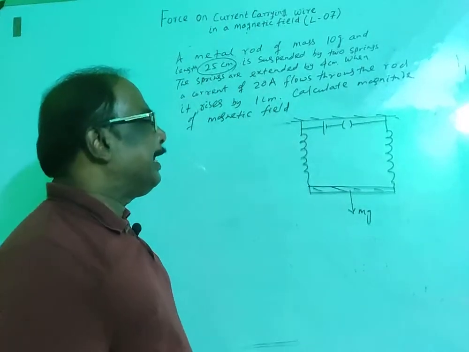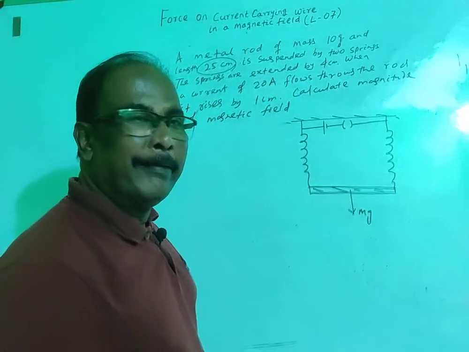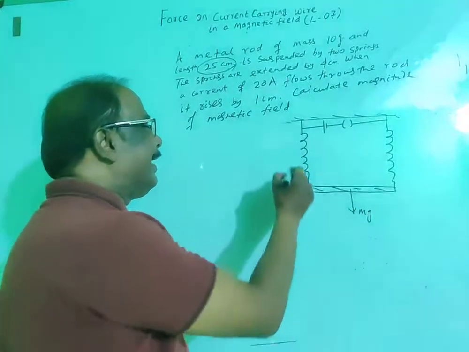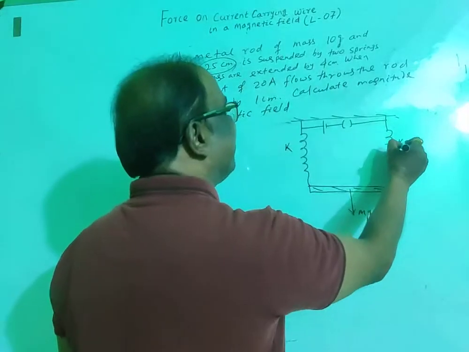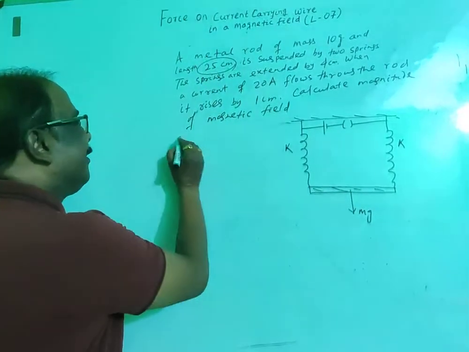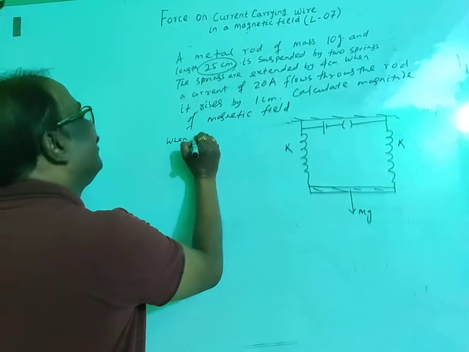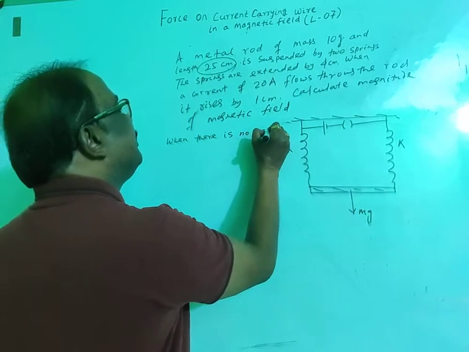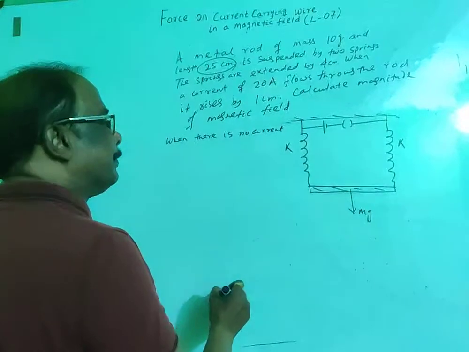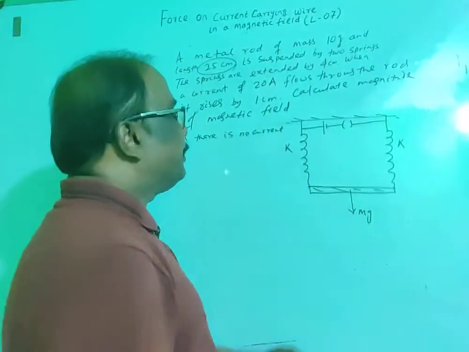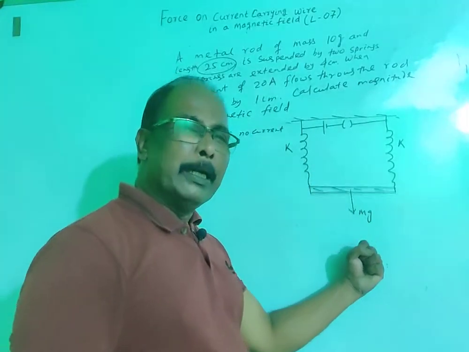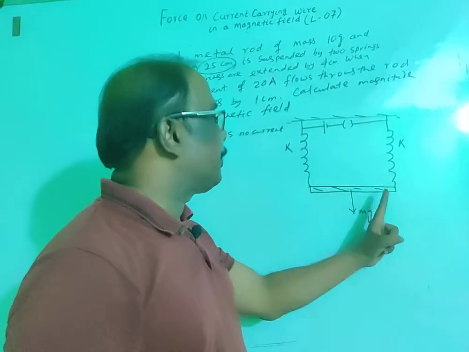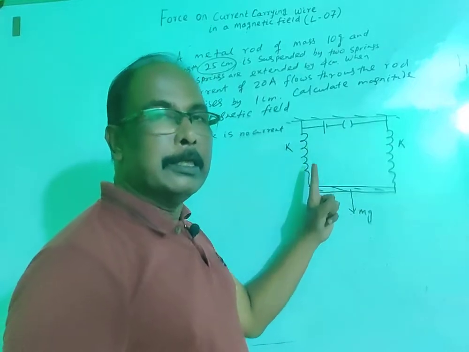Now there is no current flowing in the conductor. Let the spring constant be K for both springs. When there is no current, the rod pulls the spring downward, the spring is elongated, and the spring force or restoring force acts in upward direction.